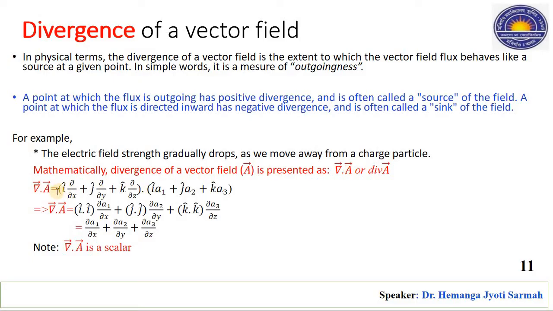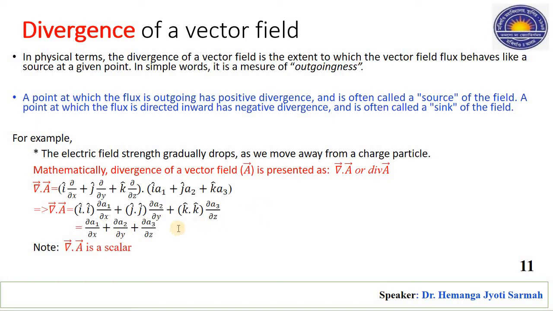That is, we can simplify like this. If vector A equals i cap A1 plus j cap A2 plus k cap A3, then divergence of A can be expressed and simplifies as del A1 by del x plus del A2 by del y plus del A3 by del z.